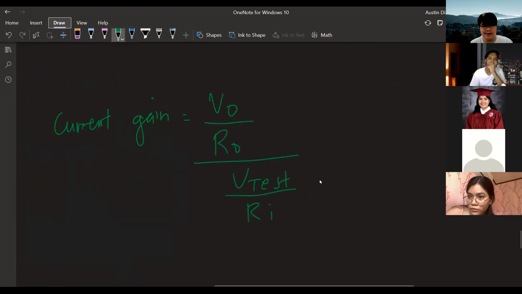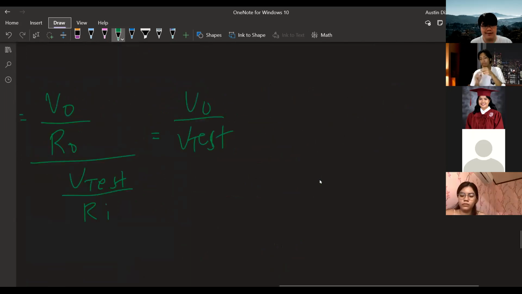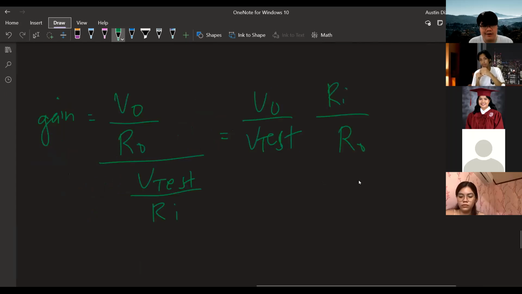And this is just VO over V test tapos multiplied by Ri over RO. Okay, tama. So, ayan yung current gain mo.